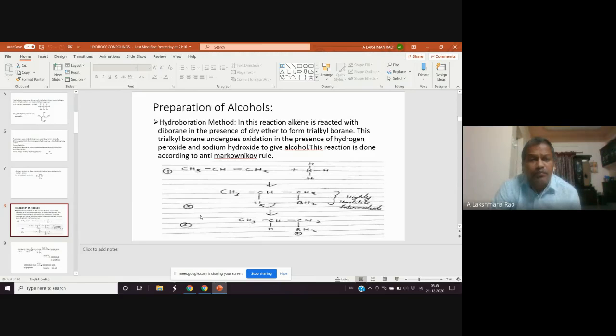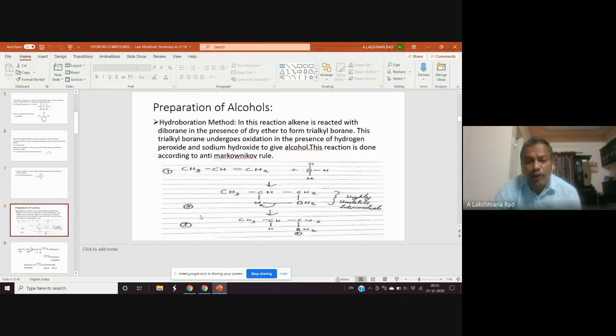As the name gives the impression of borane, in this method, alkene is reacted with diborane in the presence of ether to give alcohols. In this reaction, mainly two steps are present. In the first step, alkene is added to BH3 of the borane.